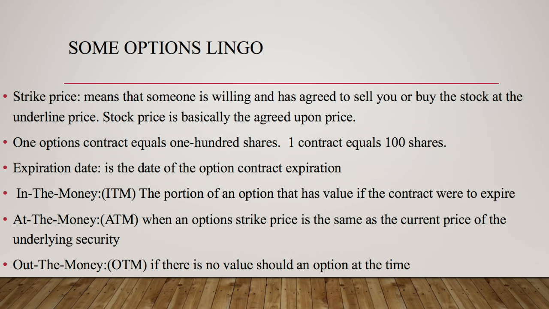Expiration date. Expiration date is the date of the option contract expiration. So basically, it means the days left until expiration. In the money is the portion of an option that has value if the contract were to expire. So meaning if the contract were to expire, say tomorrow, that's the intrinsic value that it has. And we abbreviate this by ITM.